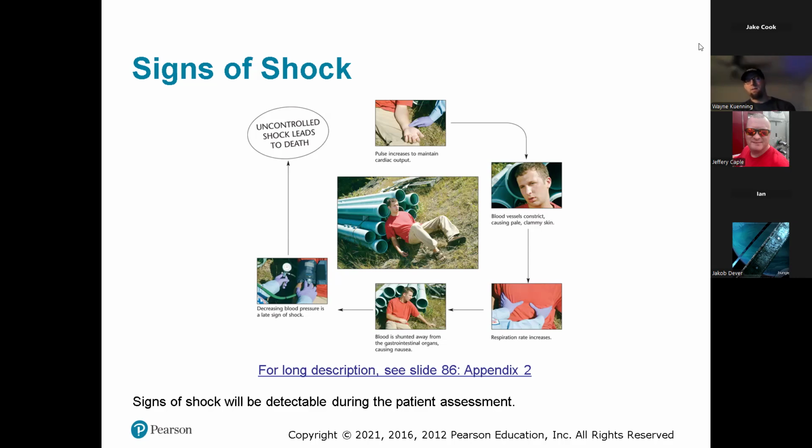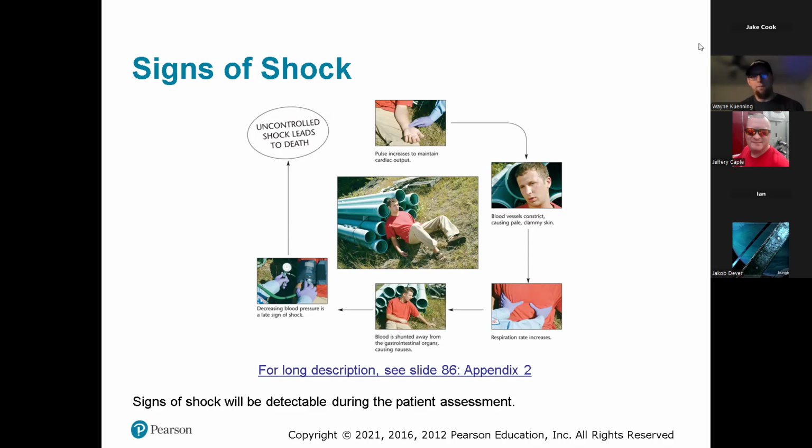Once that starts, that's initiated by the release of adrenaline or epinephrine and norepinephrine that causes the blood vessels to constrict, causing pale, clammy skin. Respiratory rate increases. Blood is shunted away from the GI organs, causing nausea, primarily the stomach and the large intestine.